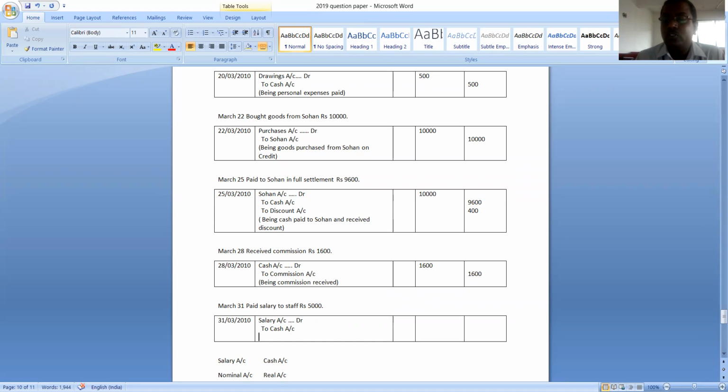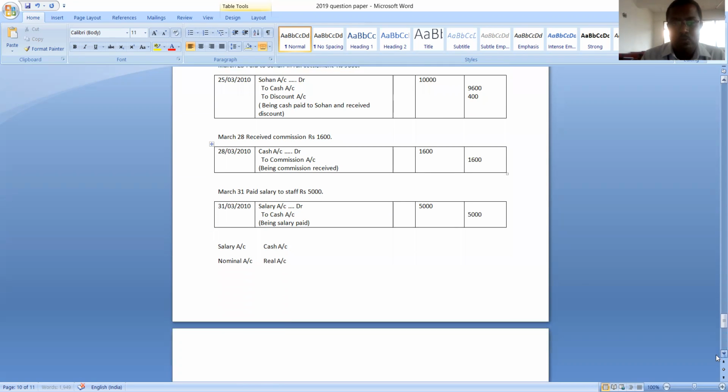So salary account should be debited because salary is an expense, and cash account should be credited because cash goes out of the business. What is the narration? Being salary paid. So paid salary to staff, salary account debit rupees 5,000, to cash account 5,000. Understood?